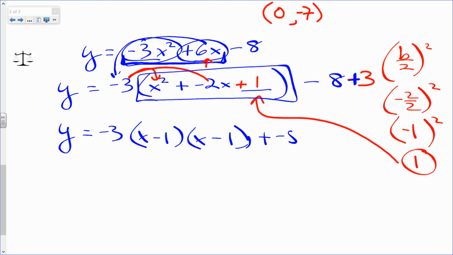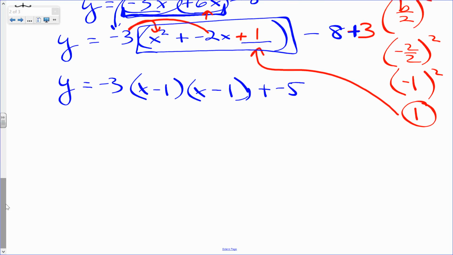Plus negative 5. It's starting to look like vertex form now. y is negative 3 times x minus 1 squared. x minus 1 times itself is x minus 1 squared plus a negative 5. Right, Picasso? Stay on it. So let's compare that with vertex form.